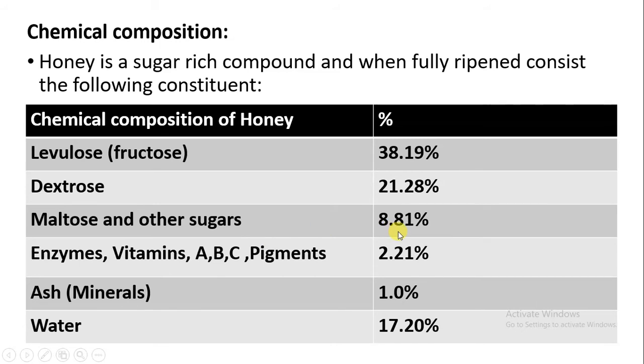Maltose and other sugars are 8.81%. Enzymes, vitamin A, vitamin B, vitamin C, and pigments are 2.21%. Then ash, like the minerals, is about 1%, and water is about 17.20%. So this is the constituent composition of the honey.